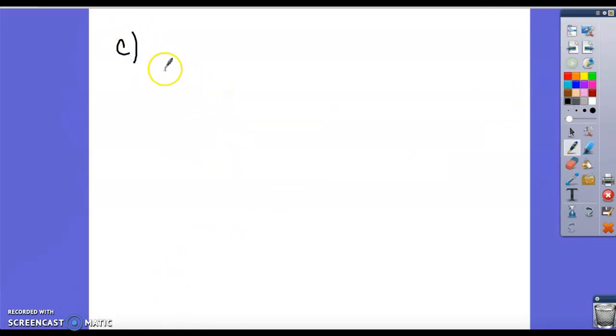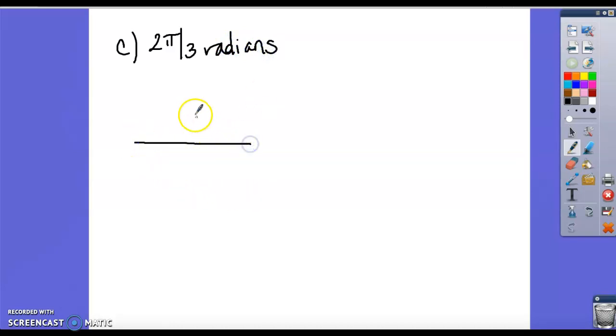Okay, last one, let's look at 2 pi over 3. There are different ways you can figure out where this angle is.